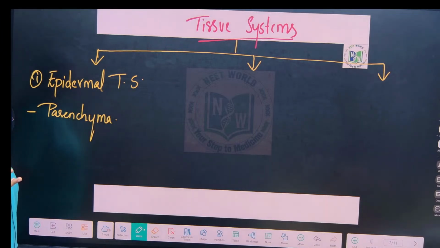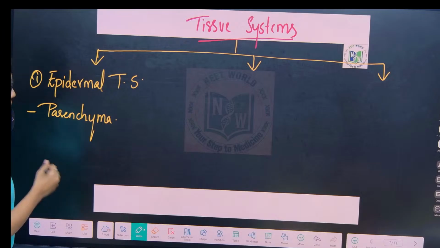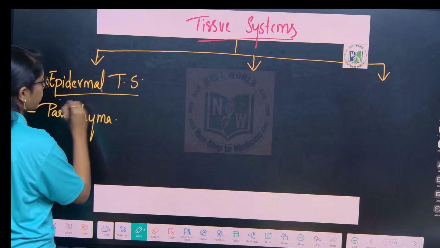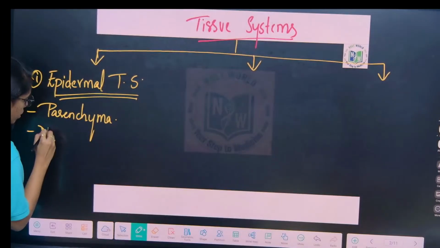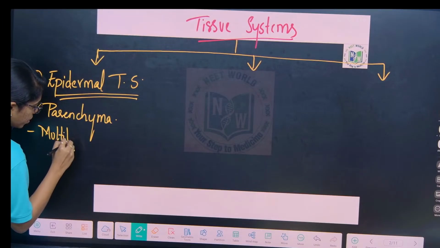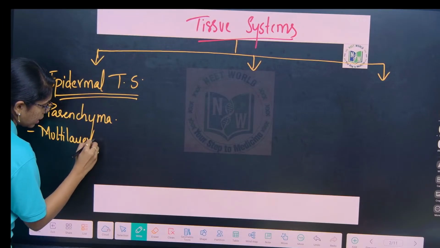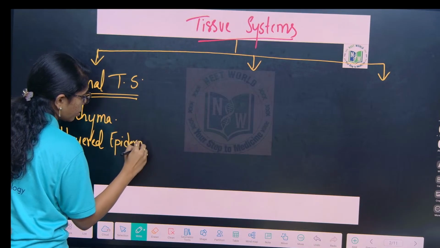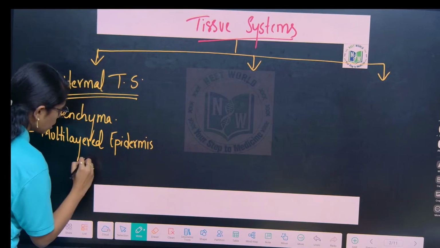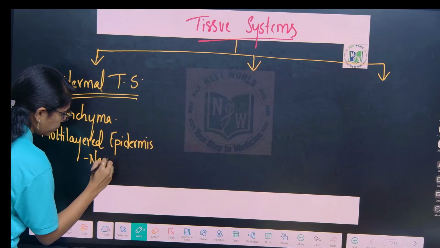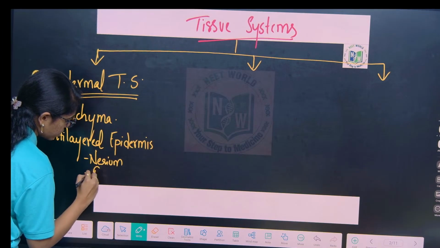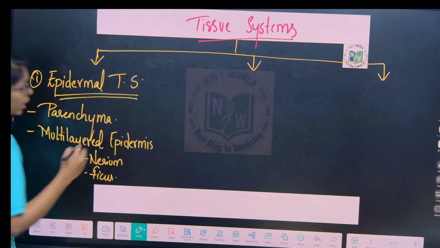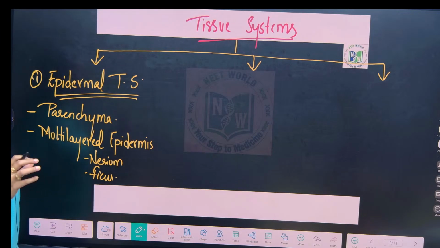Multi-layered epidermis you will see in nerium and ficus. And what are those that you can observe in the epidermal tissue system?